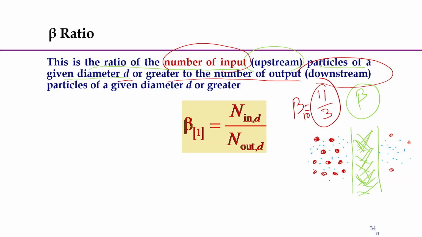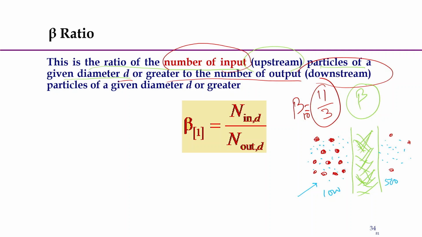This is the beta ratio for 10 micron. And for 1 micron, on the input side there may be 1000 and on the output side there may be, say, 500.